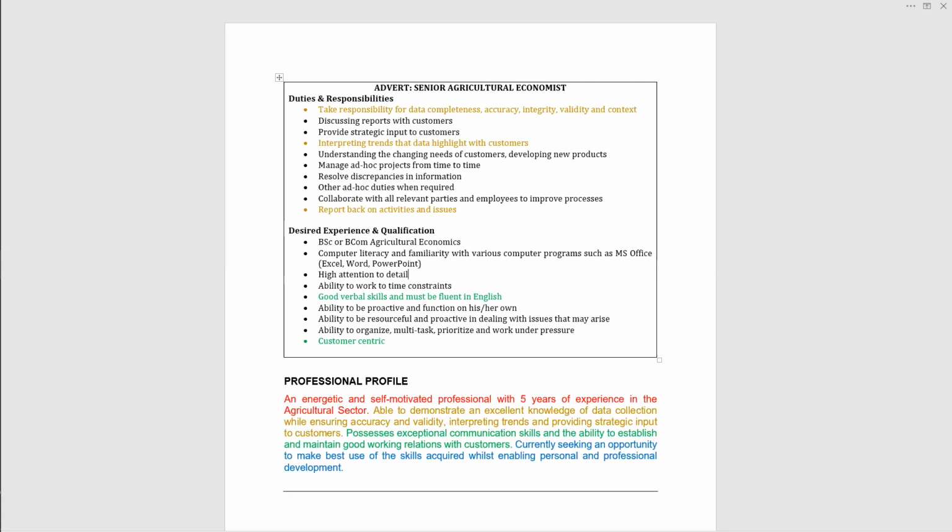We are now going to look at the professional profile section. So this is the advert, as you can see. First, you introduce yourself: an energetic and self-motivated professional with 5 years of experience in the agricultural sector. So you are letting the new employer know who you are.